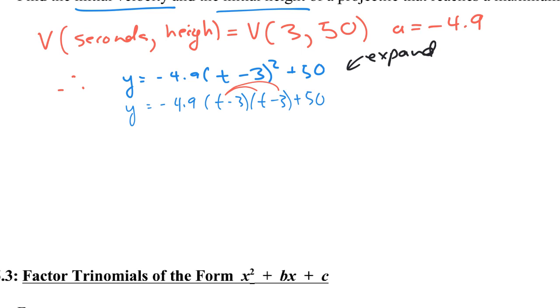So you're going to end up with this. y is equal to negative 4.9, and then you're going to get t squared minus 3t. And then we're going to do the same thing again for the second half of our first bracket. So you're going to get minus 3t again, and then plus 9, because negative 3 times negative 3 is 9. And then we add our 50.